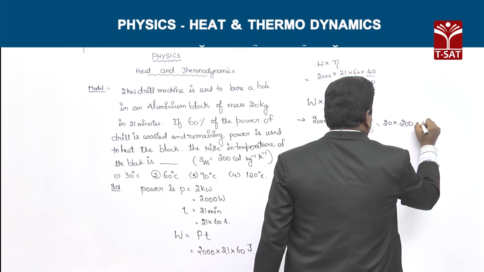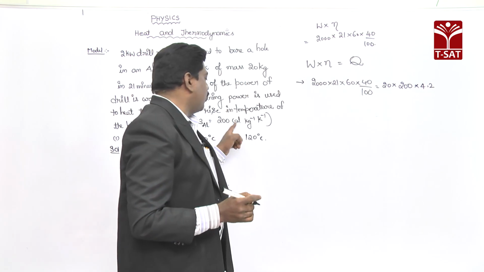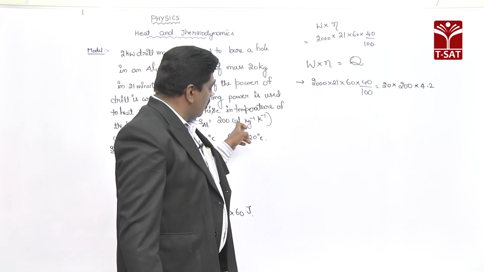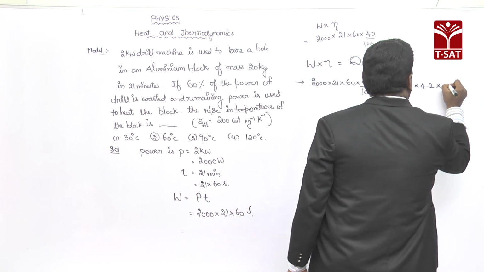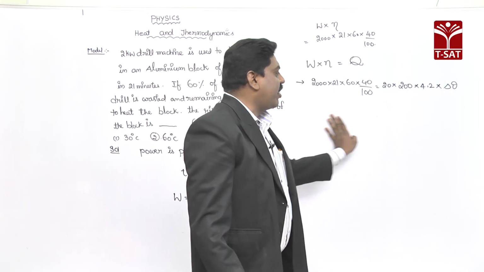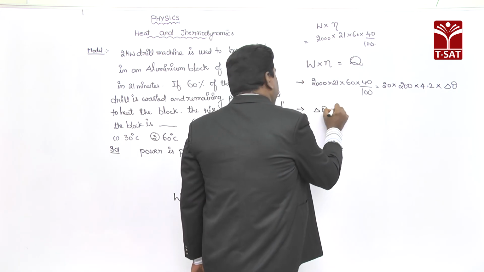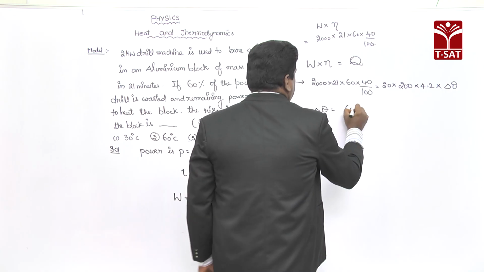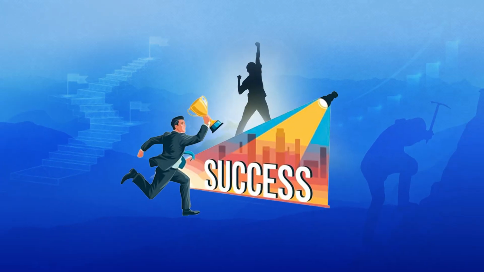Calorie can be written as 4.2. So 200 into 4.2 joule per kg per Kelvin, the conversion part, and the rise in temperature I am writing as delta theta itself. On simplifying this entire thing, we get delta theta as 60 degrees Celsius. And our option is the second one.